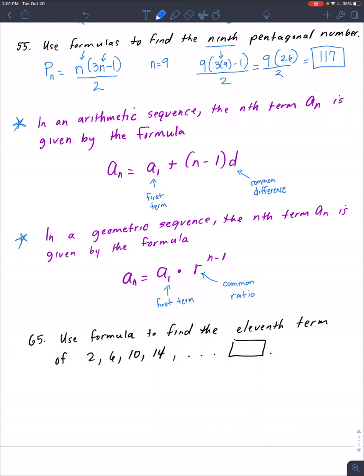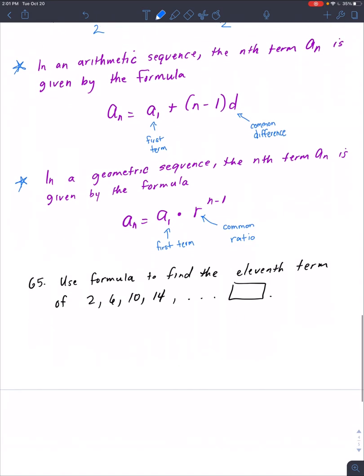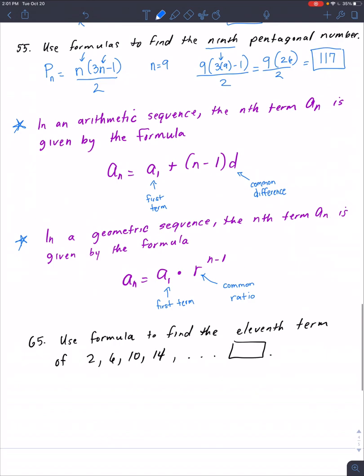Alright, so we're going to use the formula to find the 11th term. So first thing we got to do is establish, is it an arithmetic sequence or is it a geometric? Because then we got to know, do I use this formula or do I use this formula? So first task is to figure out 2, 6, 10, 14.